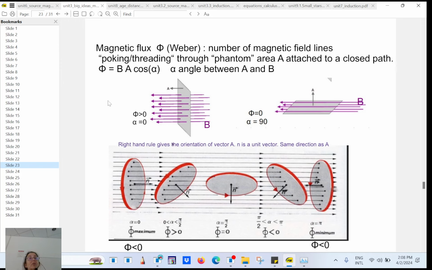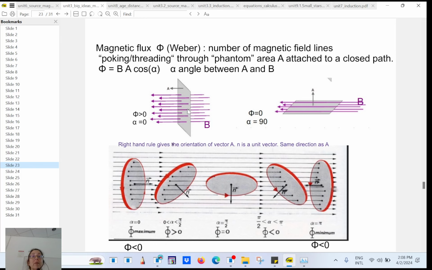Okay, and we started with induction. So that's the last unit of magnetism. I want to review that. We called it the flux, the magnetic flux. The unit is going to be the Weber.